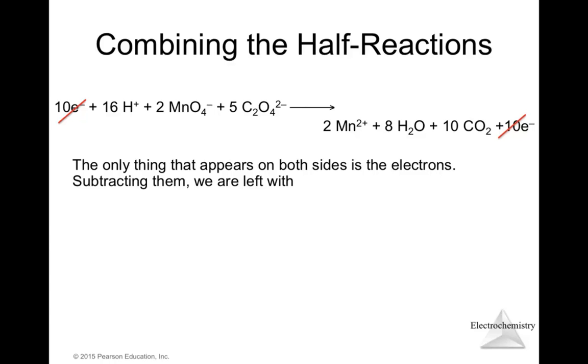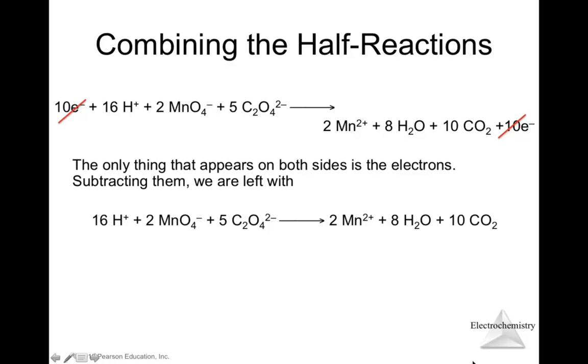And now we have 16 protons plus 2 permanganates plus 5 oxalate producing 2 manganese plus 8 water plus 10 carbon dioxide. So this basically is the redox reaction for permanganate and oxalate.